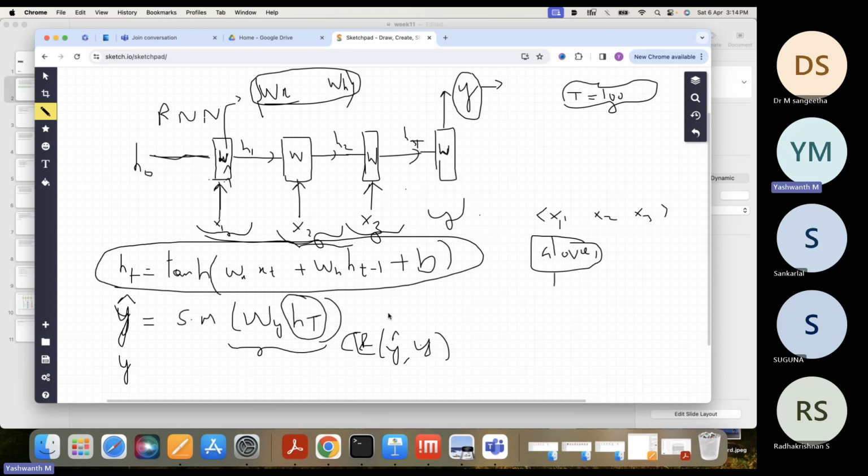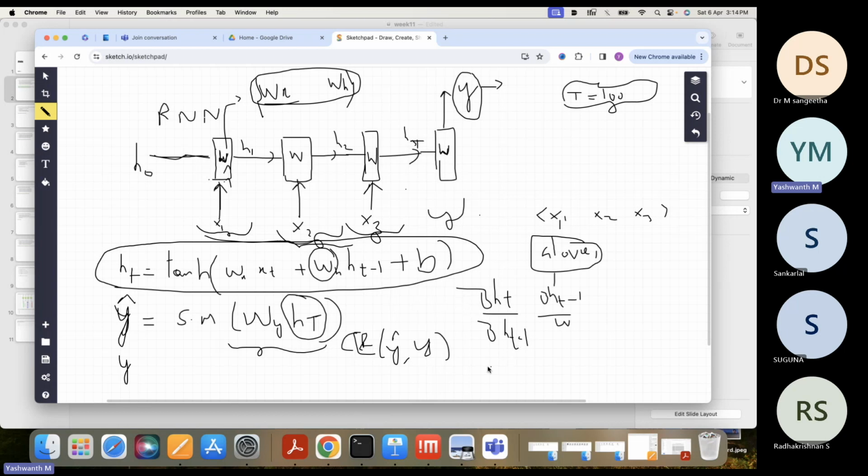So what happens during this is this term typically, when we compute this dou ht by dou ht minus 1, and then dou ht minus 1 times your whatever W, and this is say on the last time step, and you keep doing this.